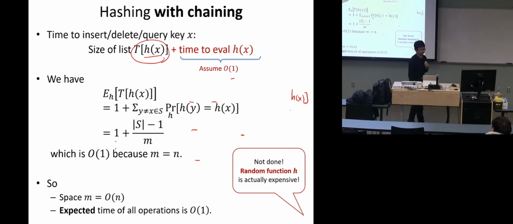But here I assume that I know n. Let's say that I assume I know n for now, and it's not too hard to make it work when you don't know n.